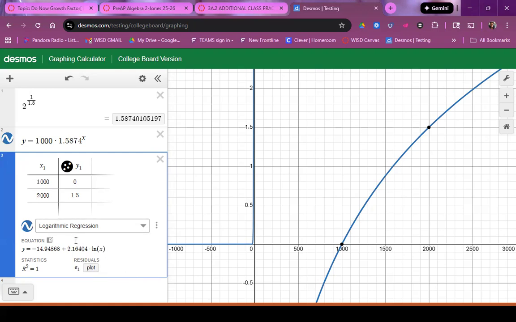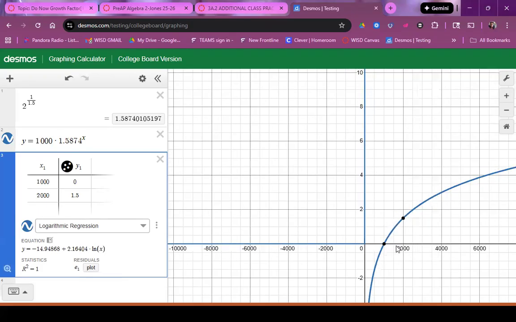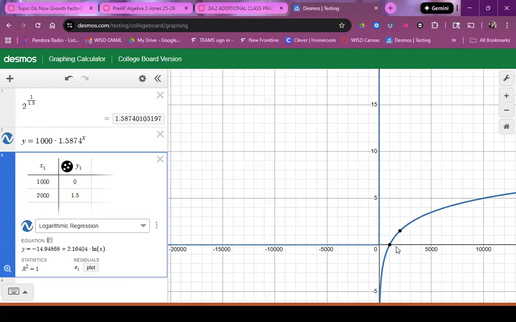So the regression model for logs on Desmos AP Classroom is set to give you a natural log. And if that answer choice isn't a natural log, then we have to type it in so that it can be a log model, because it's automatically set to give you a natural log. If you need log, then you're going to have to adjust it.